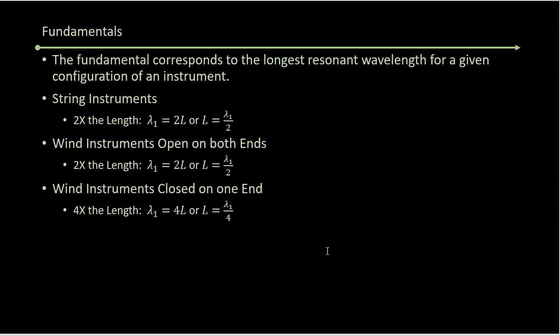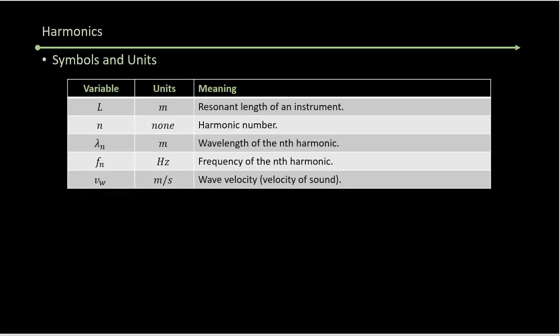So what does this say about the harmonics for those two instruments? The string instruments and the wind instruments open on both ends start off at the same place, but the wind instruments closed on one end start off in a different place. So what does this say about their harmonics?